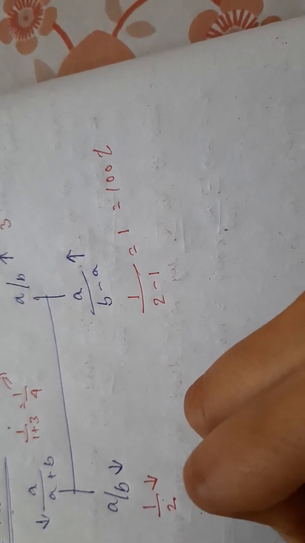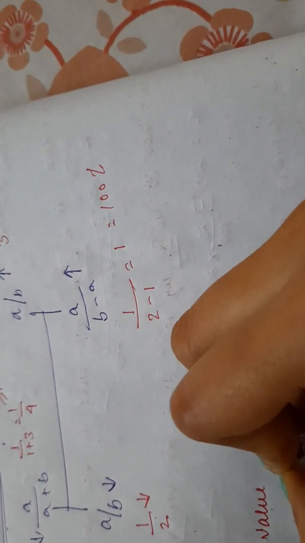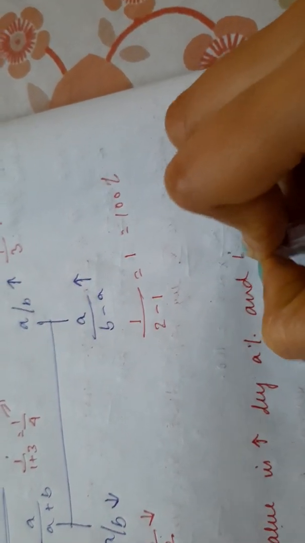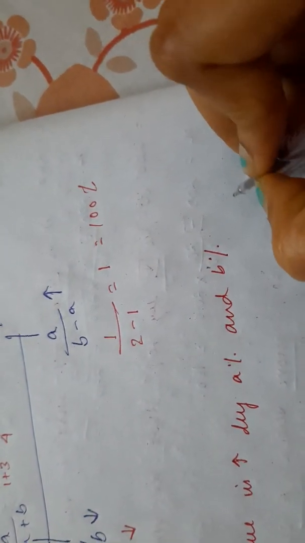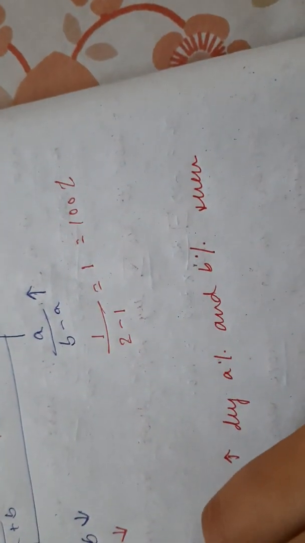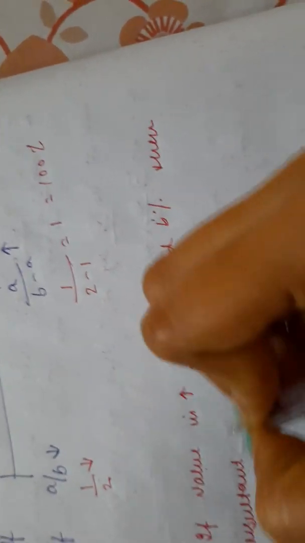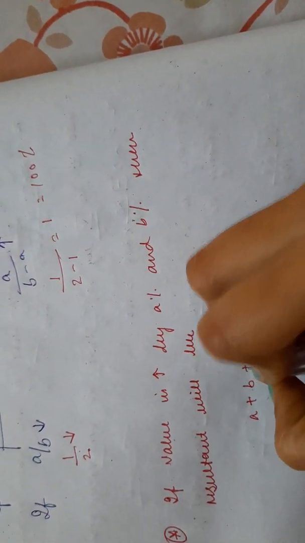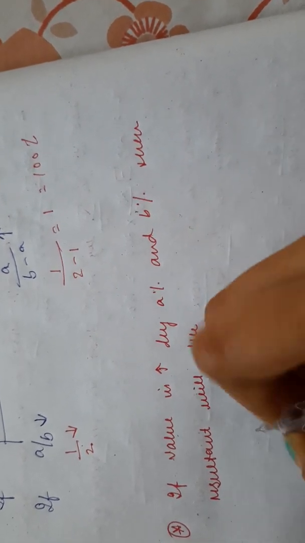If a value is increased by A% and B%, this is another very important ninja technique, then the resultant will be A plus B plus AB by 100.